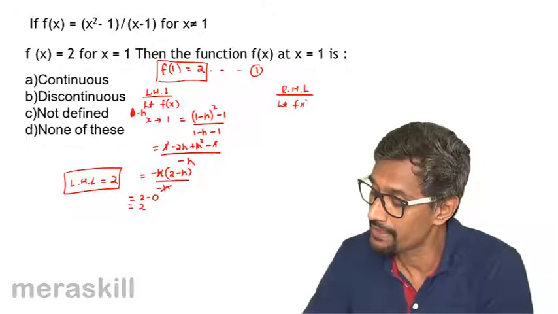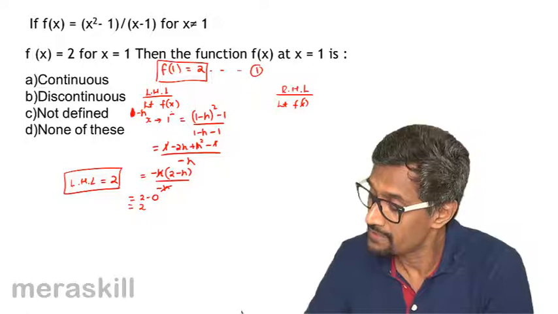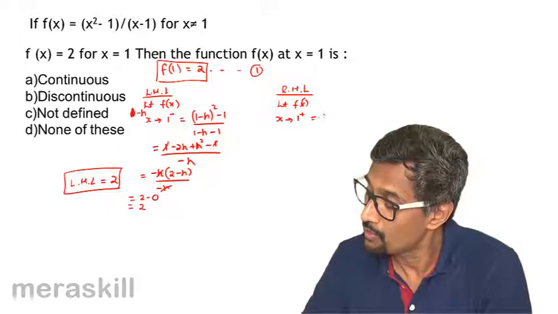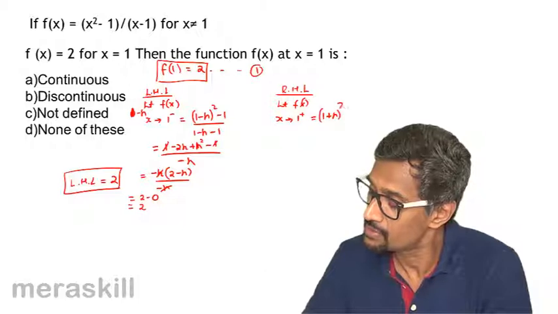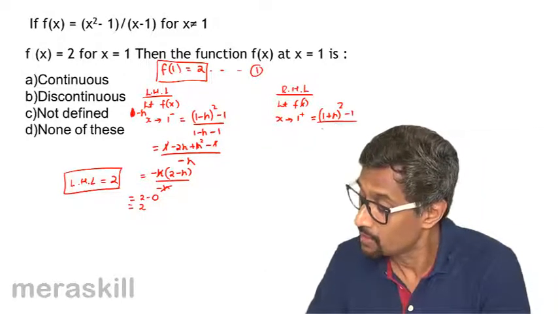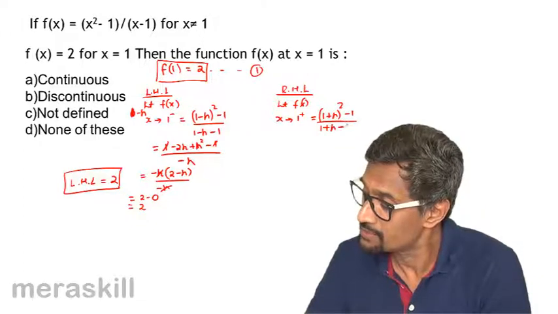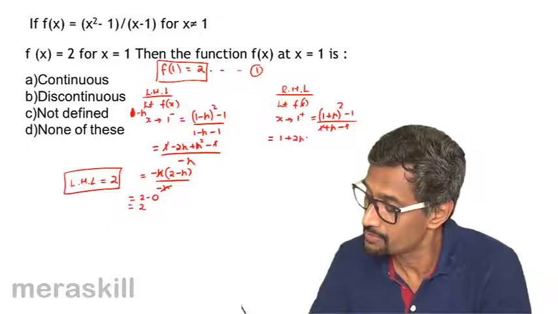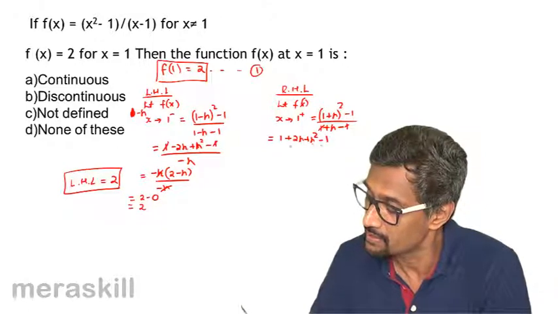Then let's check the right hand limit. Limit of f of x as x approaches 1 plus, is going to be x equal to 1 plus h, so (1 plus h) the whole square minus 1 upon (1 plus h minus 1). This will turn out to be 1 plus 2h plus h square minus 1 upon h.